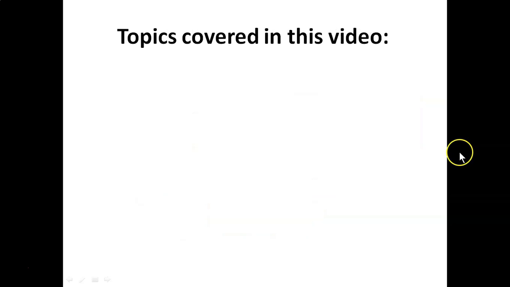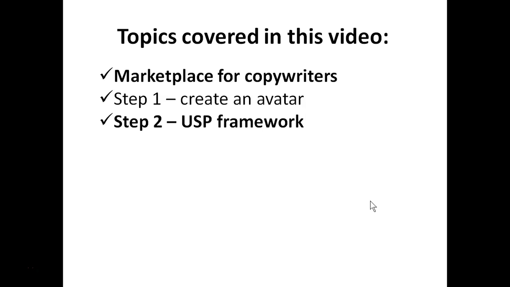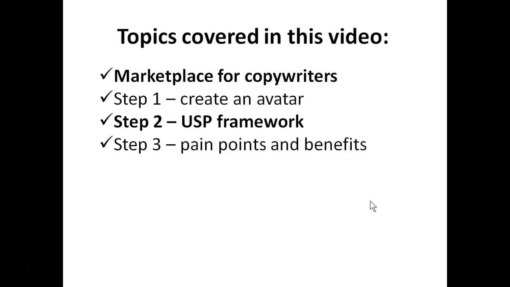The following topics will be discussed in this very short video. We'll look at the current marketplace for copywriters. And inside our tool, for the first step, we'll create an avatar. The second step, we'll look at what a USP framework will look like. The third step, we'll discover the pain points and benefits to your subscribers.